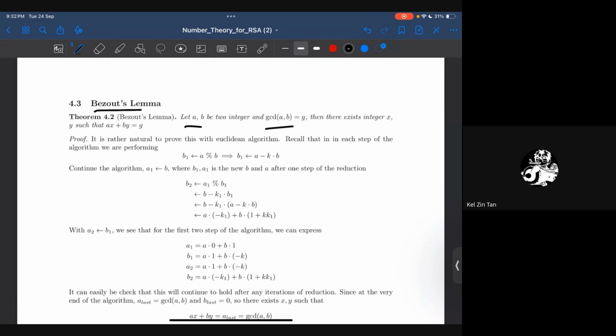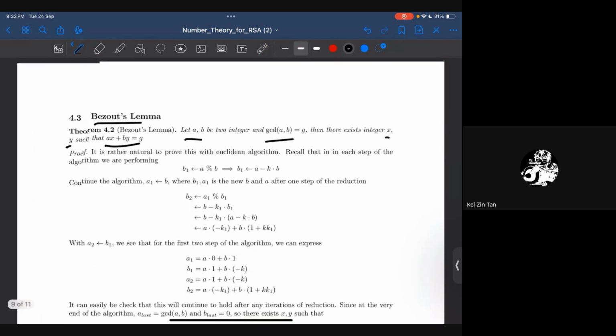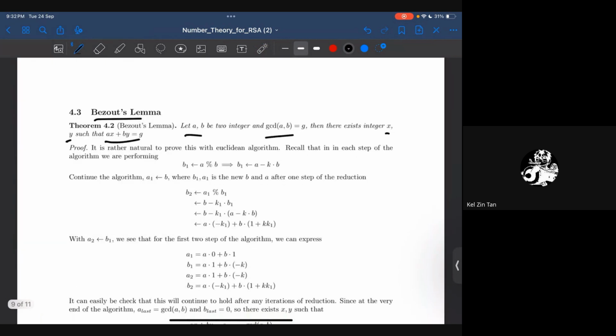Then I claim that there exist x and y such that ax plus by is always equal to g. For example, the GCD of 3 and 5 is equal to 1. Then I can write 3 multiplied by 2 plus 5 multiplied by minus 1, and you check that this is equal to 1.